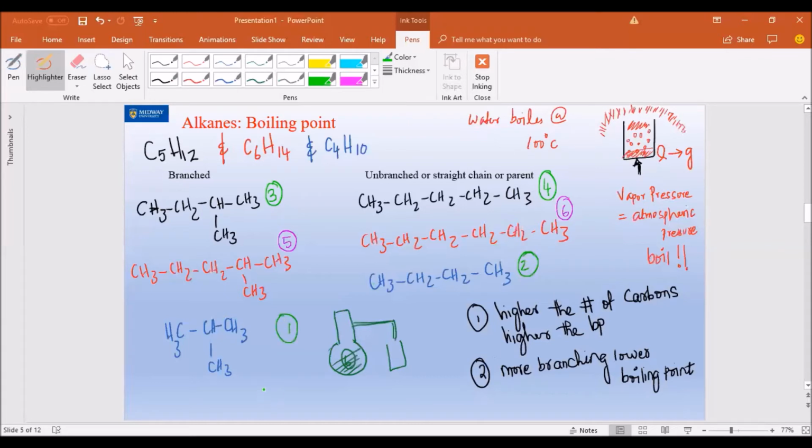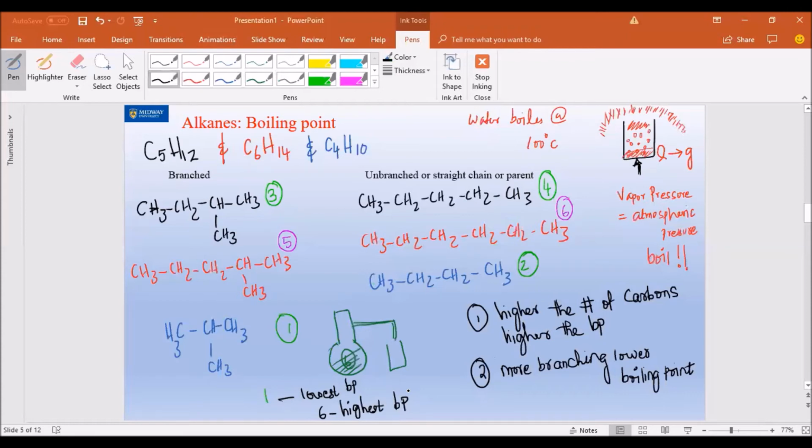So 1 has the lowest boiling point, and 6 has the highest boiling point. And that is it. If we're going to put all the 6 in that flask and distill, which one do you think will come out first?